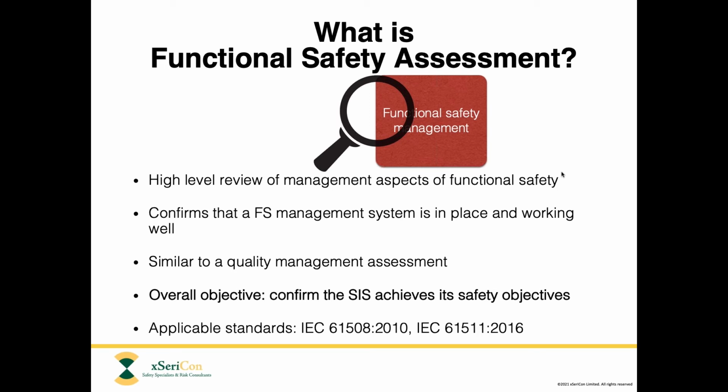Functional safety assessment is one of several techniques that is used to confirm that the management system is working well. In some ways, it is quite similar to a quality management assessment.